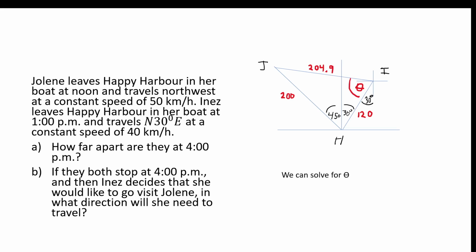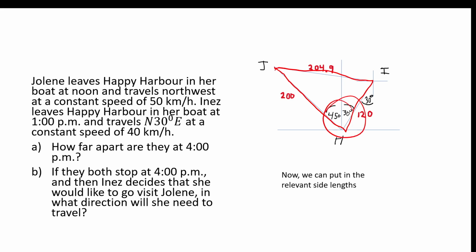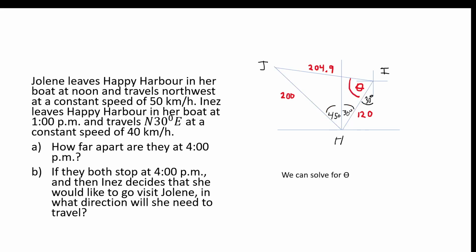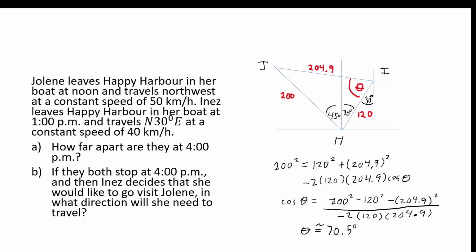And we can do that because, going back a couple of slides again, putting in the relevant side lengths, we now know all of the side lengths of this triangle. And we know the magnitude of that angle being 75 degrees. And it's going to be pretty easy for us to find out how big theta is. Okay, so we can use a cosine law approach here.